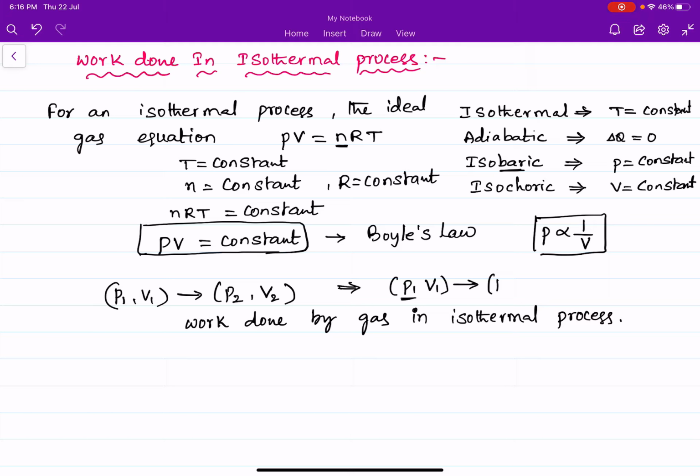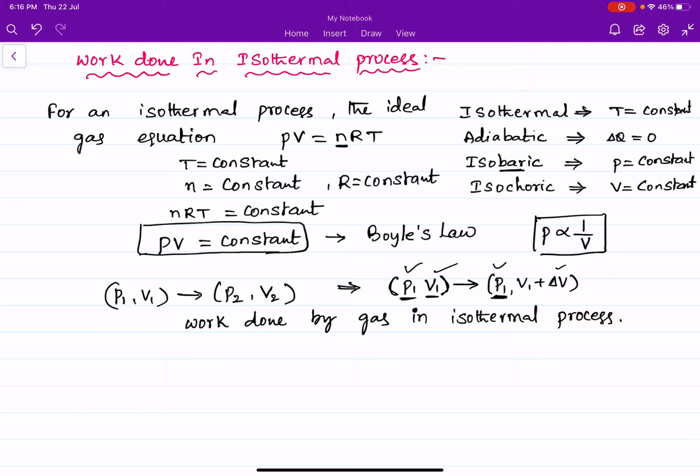The volume changes to V1 plus delta V while keeping the pressure constant. So it is an intermediate state, where the system changes from P1, V1 to P1, V1 plus delta V. Here pressure is constant but volume is changing. This is for the intermediate state only, not strictly for the total process.